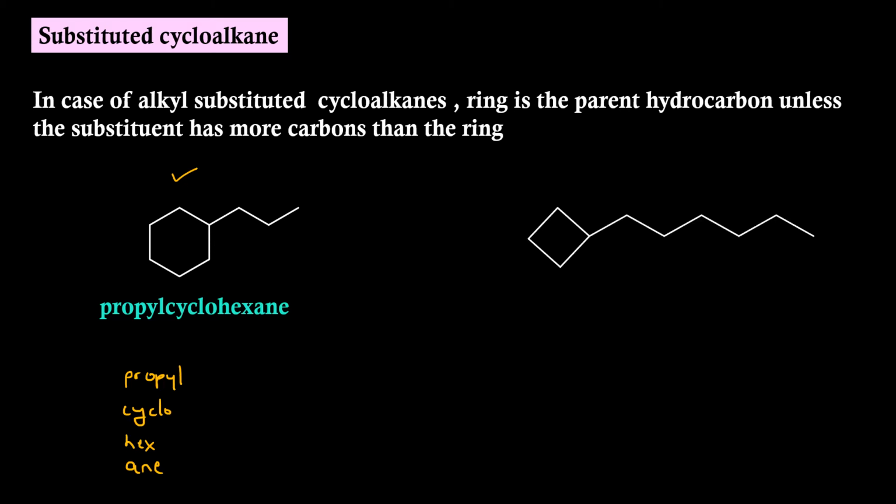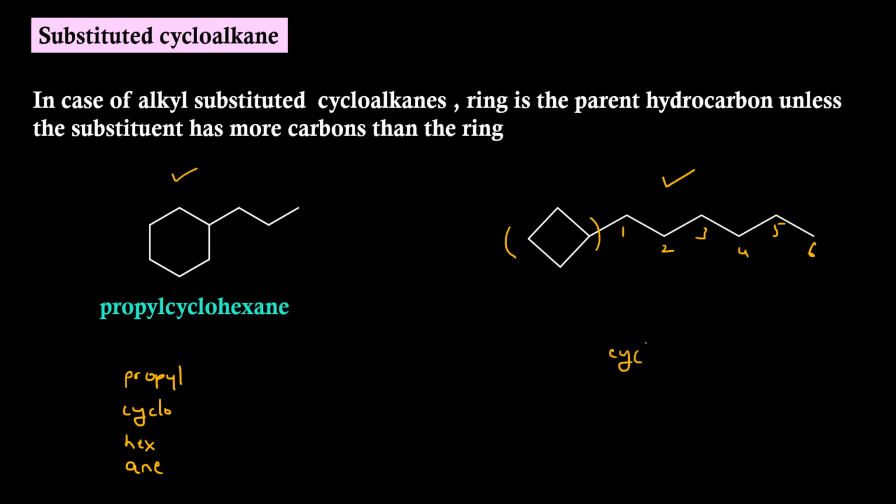Another example: we have 4 carbon atoms in the ring and 6 carbon atoms in the side chain. So our side chain will become the parent hydrocarbon and our ring will become the substituent. If we start numbering the parent chain, we have 6 carbon atoms in the parent chain. At position 1 we have cyclobutyl.